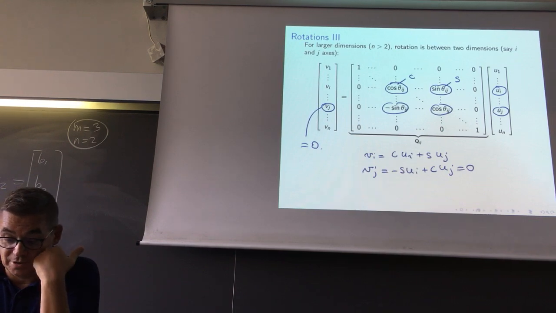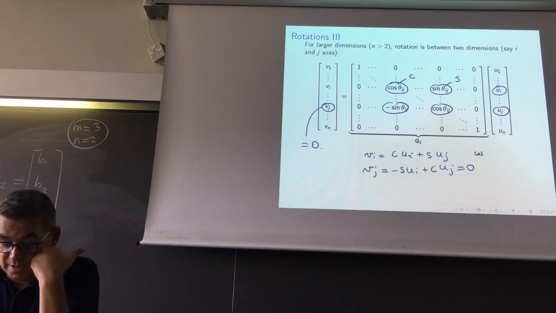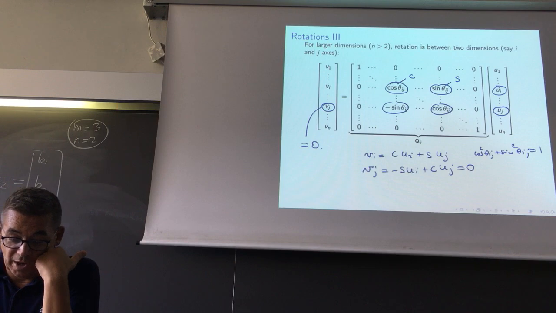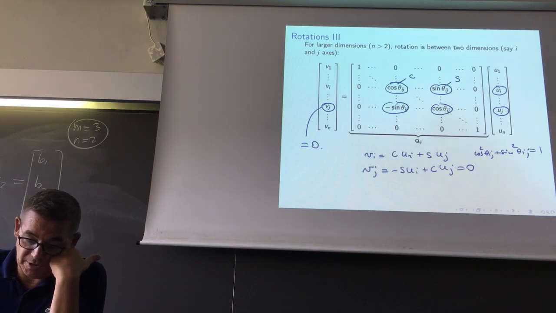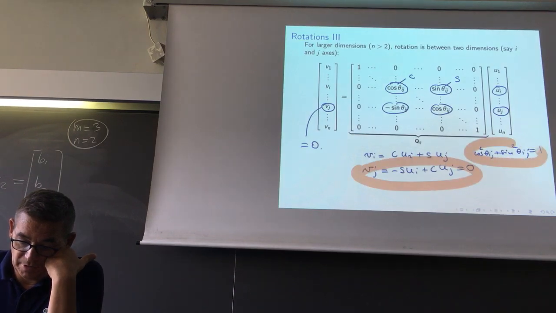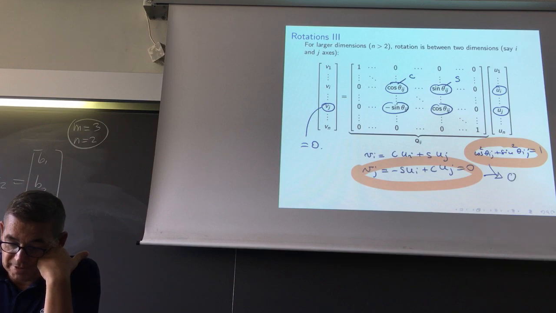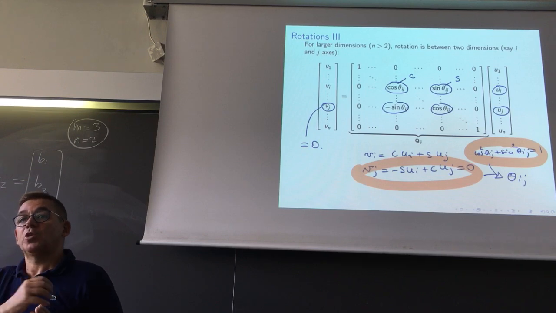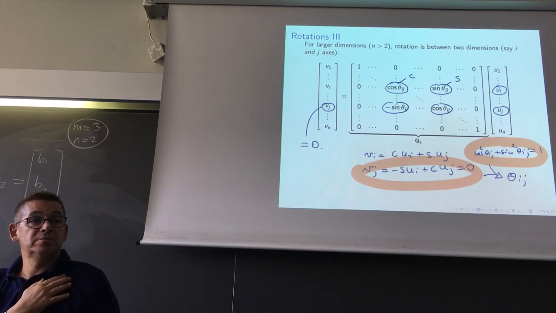So since they are angles, I have the additional equation, which is cosine theta ij squared plus sine theta ij squared is equal to 1. So I put these equations and that one together, and then I derive the theta ij, which is the specific rotation which enables me to nullify one entry.